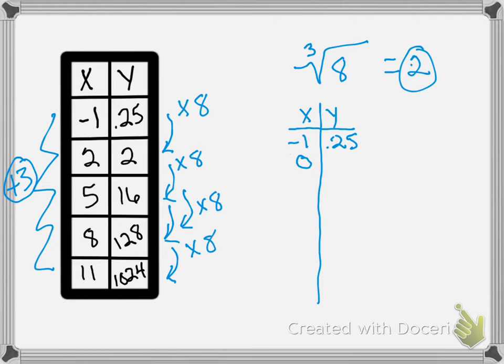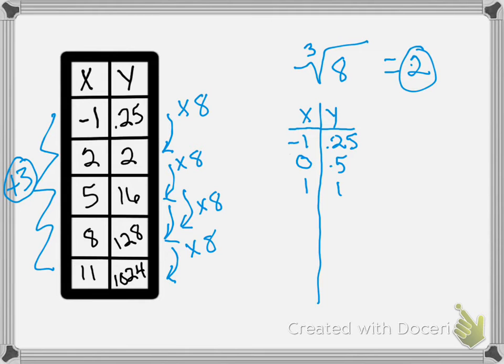So 0.25 times 2 gives us 0.5. Okay, let's do another one. If we go up to 1, 0.5 times 2 gives us 1.